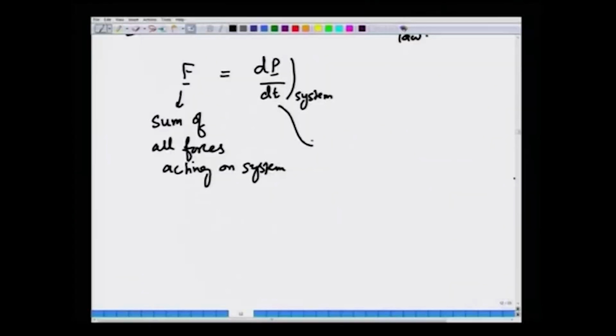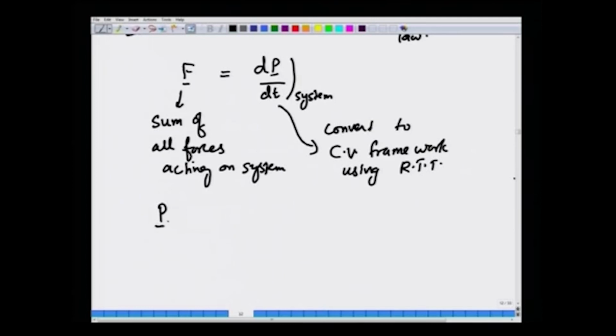So, the Reynolds transport theorem is very critical in transforming this time derivative to the control volume framework. You have to convert this to the control volume framework using the Reynolds transport theorem. In order to do that, first we have to say what is P for the system. The momentum present in the system is the integral over the volume of the system of rho times velocity dV.